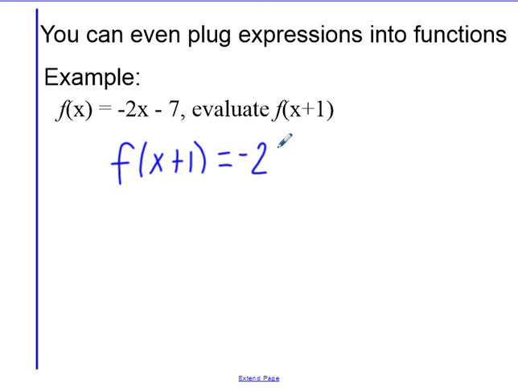Where the x was, I'm going to open it up into a blank spot with parentheses. Notice that this blank spot right here is in the exact same position as the x right here. I'm opening it up to receive something. What is it going to receive? It's going to receive this x plus 1. So right in here, I'm going to write down the x plus 1.